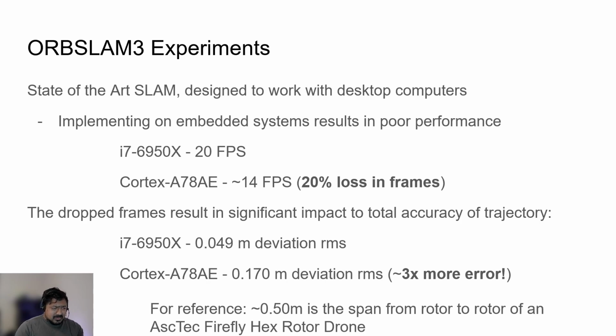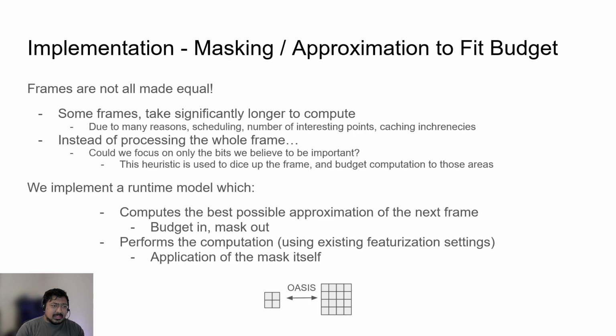So on the desktop machine, you see about a 5 centimeter error from the overall trajectory in the worst case to about 17 centimeters, 3 times more error, for 1 frame out of every 5 being lost. And just for reference, the rotor span of the drone that was used to record this data is about 50 centimeters.